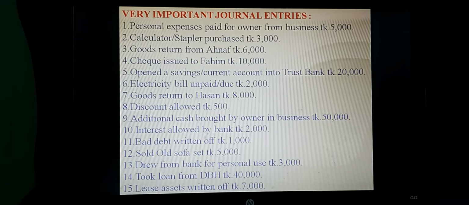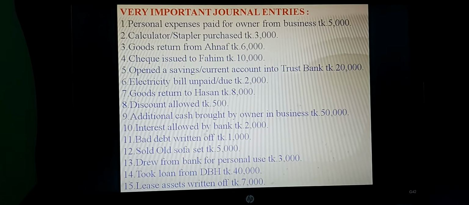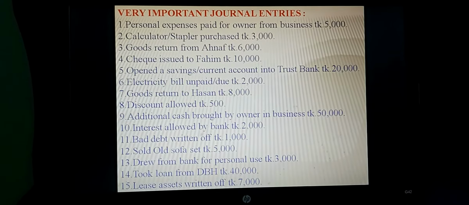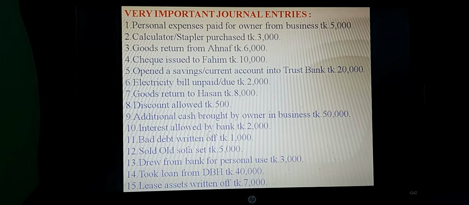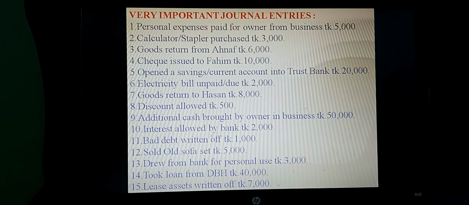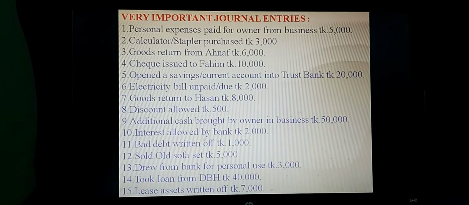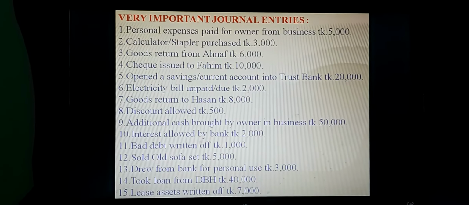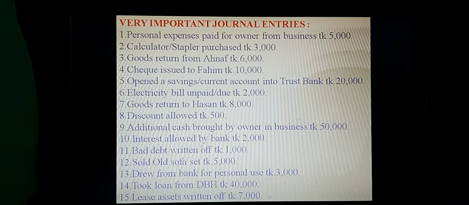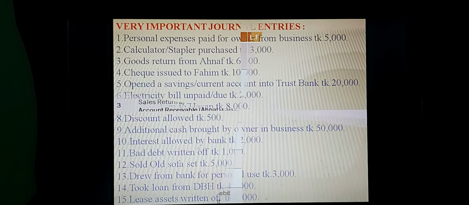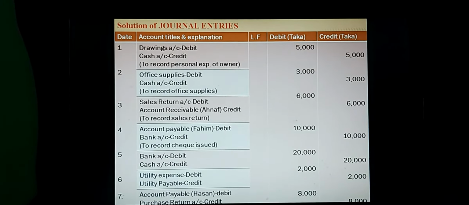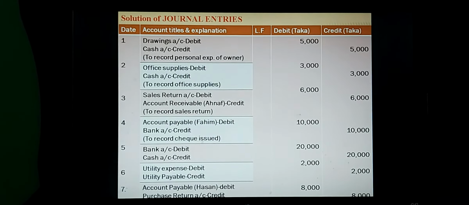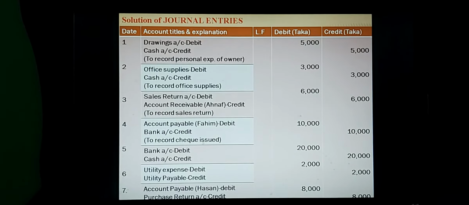Fahim is our creditor, that is payable amount. In this transaction payable or liability account is decreased, so you can write accounts payable or creditors, that is Fahim account debit, bank account credit. You can see in the next slide, accounts payable Fahim debit, bank account credit. Short explanation to record check issued.